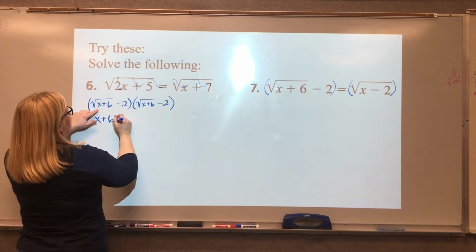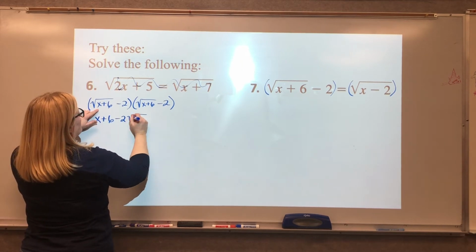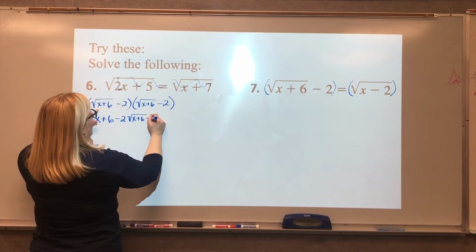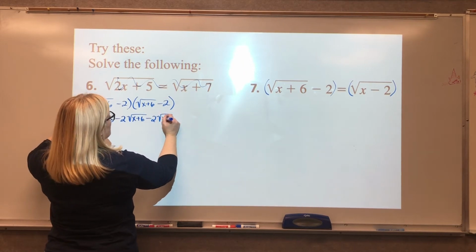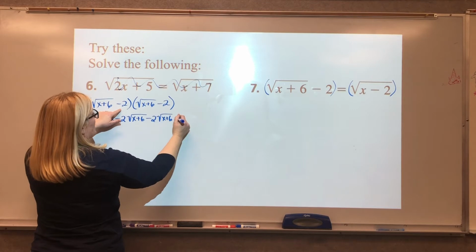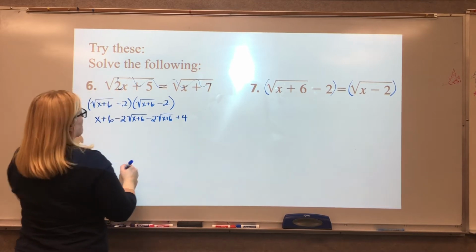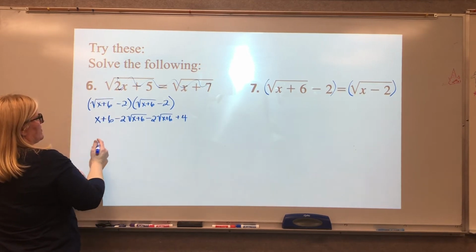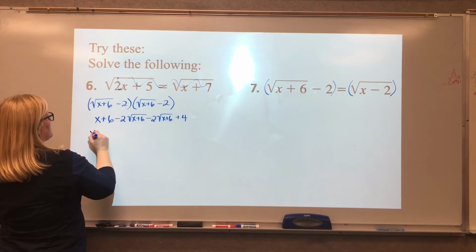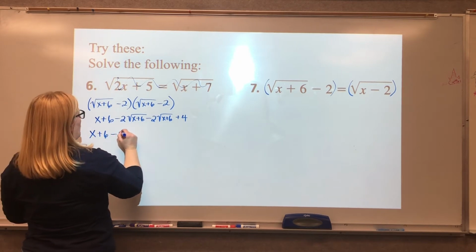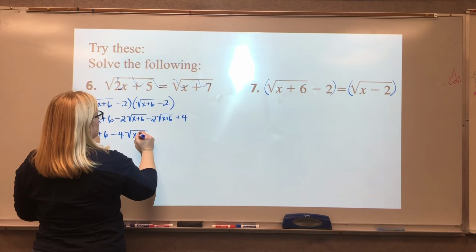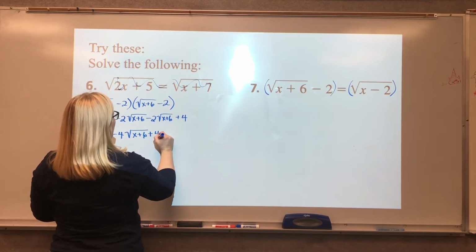Then I have minus 2 times the square root of x plus 6 minus 2 times the square root of x plus 6. And then lastly, plus 4. So I have x plus 6 minus 4 times the square root of x plus 6 plus 4.